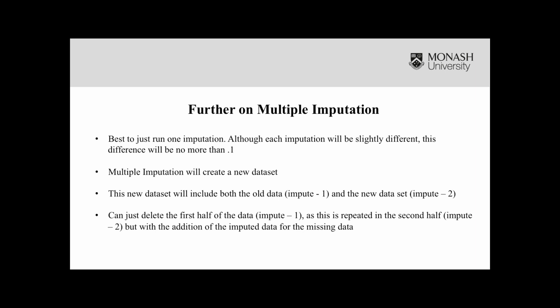Because it contains both data sets, the old data set with the missing data and the new data set with the imputed data, you can just delete the first half of your data, as this is repeated in the second half, but with the addition of the imputed data for the missing data. And all imputed data will be highlighted for you, so you can determine which ones have actually been changed as a function of multiple imputation.